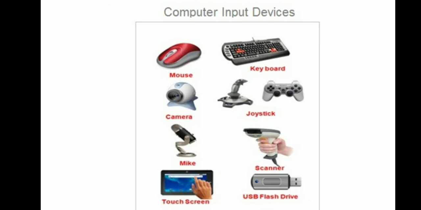Touch screen, yes, you are interacting with your computer using the touch screen. Here it is sensing the touch of your finger. USB flash drive, so using a pen drive you may give some input to the computer. Still many more input devices are there as per your book.